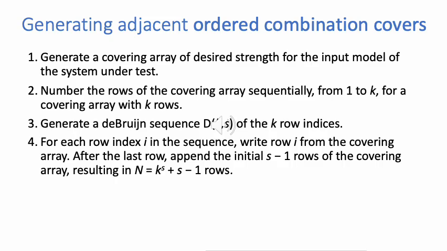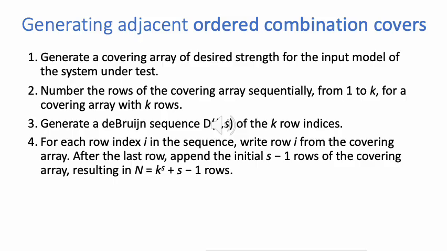To use the De Bruijn sequence for generating ordered combination covers, we'll start out by simply producing a covering array of the desired strength t-way coverage for the system that we want to test. Then number the rows of the covering array, so 1 to k.